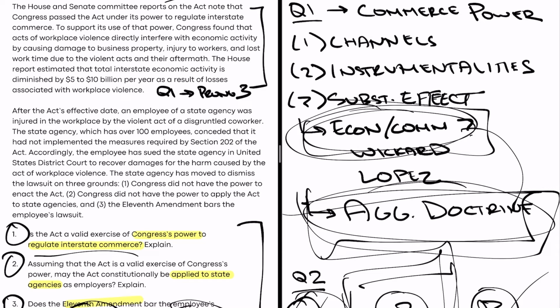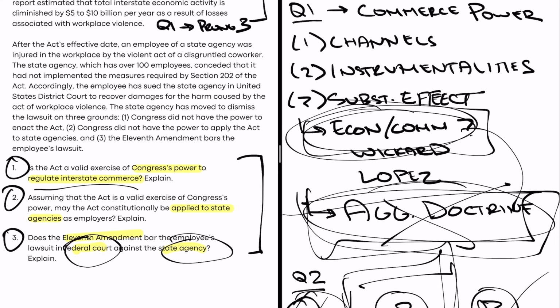If workplace violence is not economic or commercial, then we cannot apply the aggregation doctrine, and all of this stuff is off the table because you can't look at it in the aggregate if it's a non-commercial activity. Therefore, you're not going to be able to show that this has a substantial effect on interstate commerce. In other words, Congress does not have the power under Article 1, Section 8 to pass this law. So that will be your analysis for question number 1, which takes us to our next paragraph.